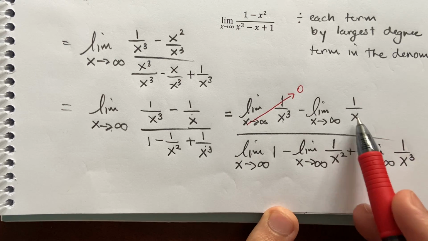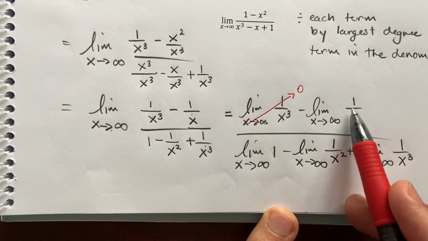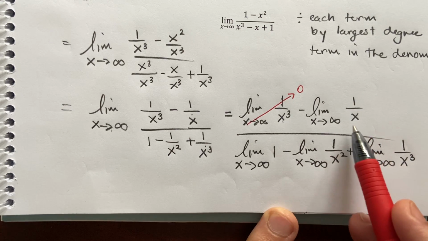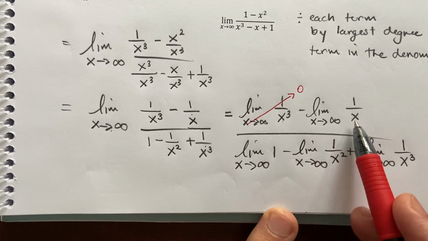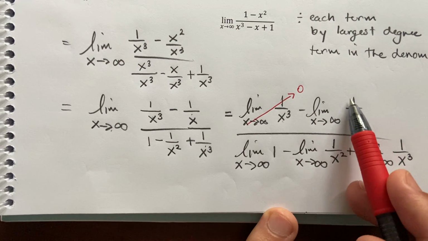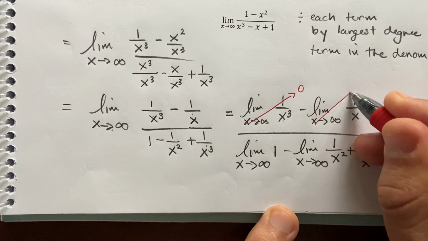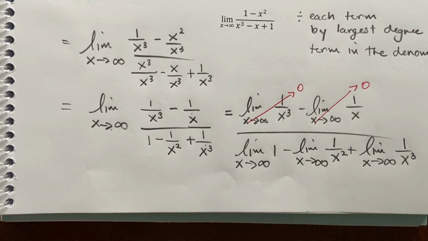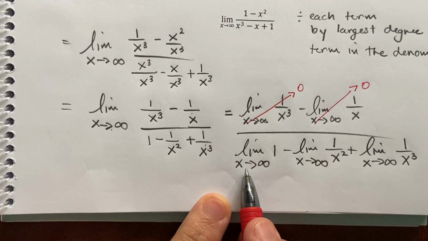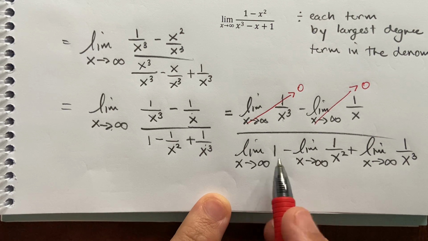As x approaches infinity here, again, imagine x is a trillion or something. 1 over a trillion would be a very, very small number. So as x gets larger and larger, this result approaches 0. So I literally have 0 here also. The limit of a constant is exactly that constant. So I'll just have a 1 there.